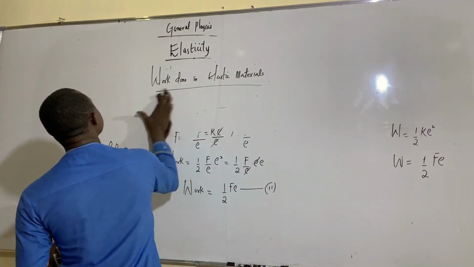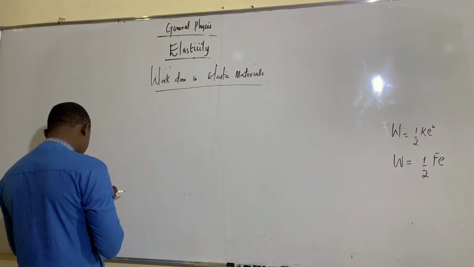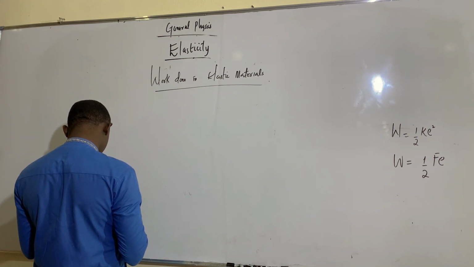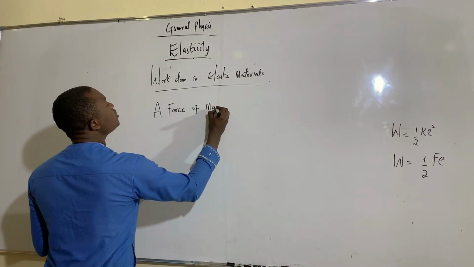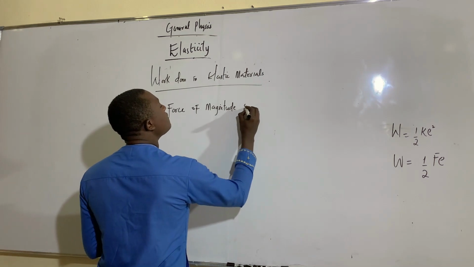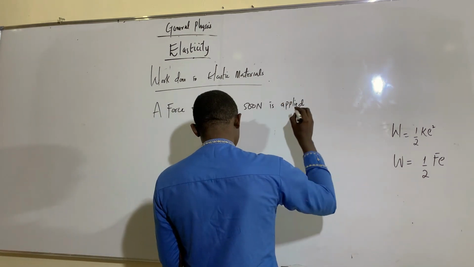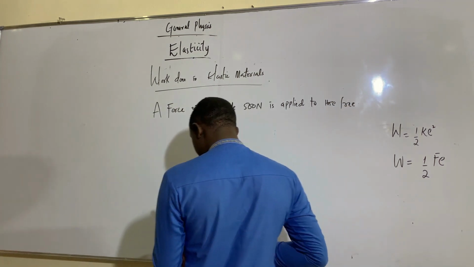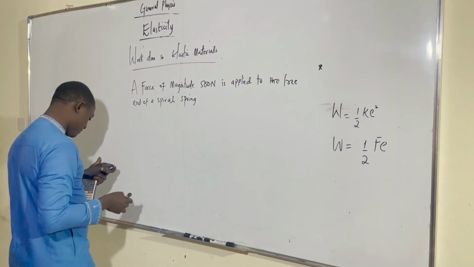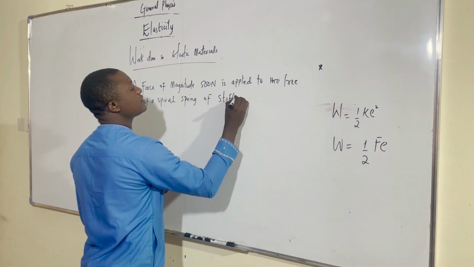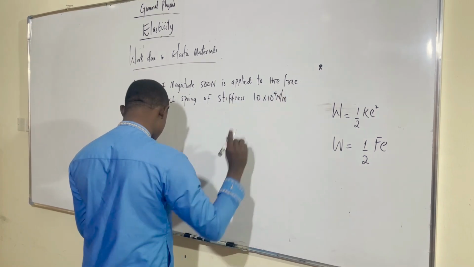The question says: a force of magnitude 500 Newton is applied to the free end of a spiral spring of stiffness 1.0 times 10 to the power of 4 Newton per meter.